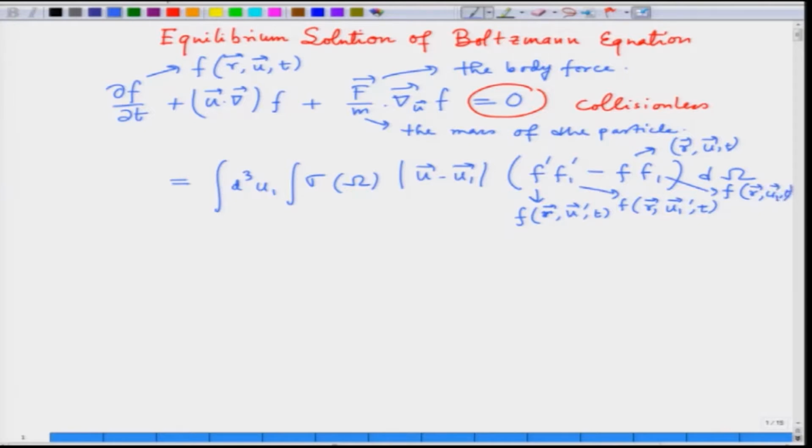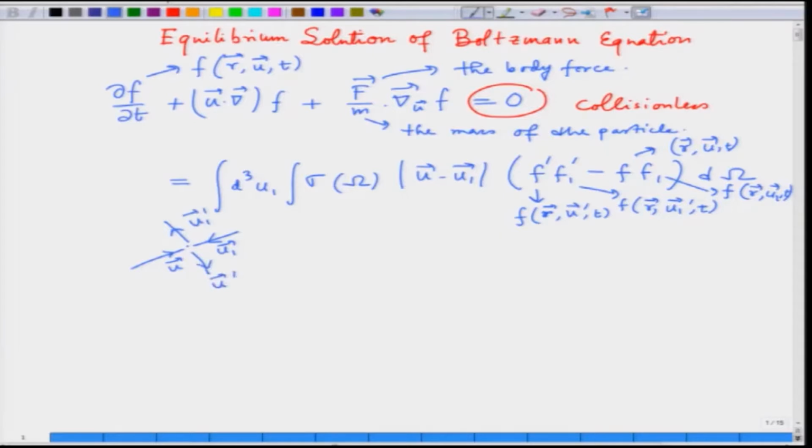This collision integral is valid when we are considering binary collisions of two particles. They collided, and before collision they had velocities u and u1, and after collision they had velocities u prime and u1 prime.